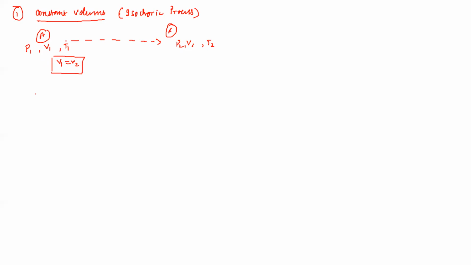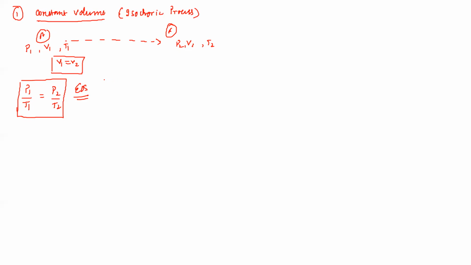Therefore, the general equation of state P1 V1 by T1 is equal to P2 V2 by T2 simplifies to P1 by T1 is equal to P2 by T2. Remember, this is my equation of state for a constant volume or an isochoric process.